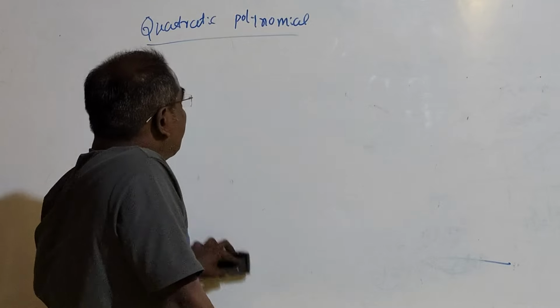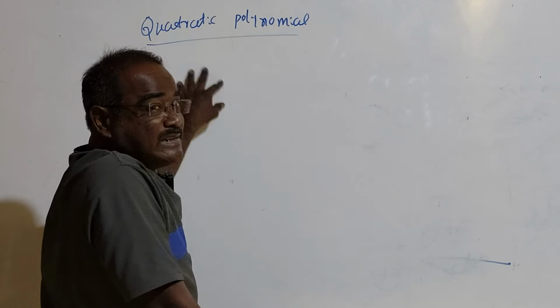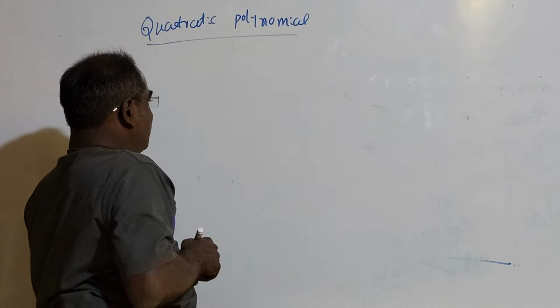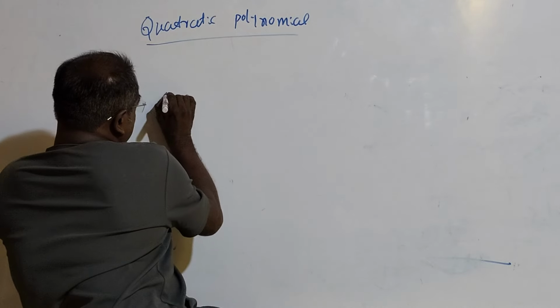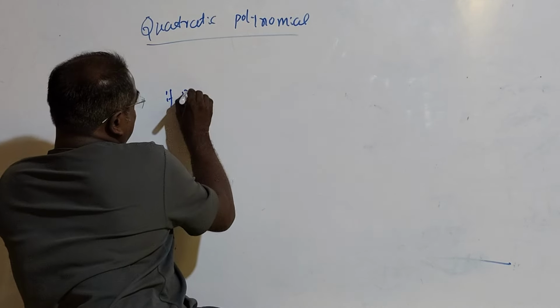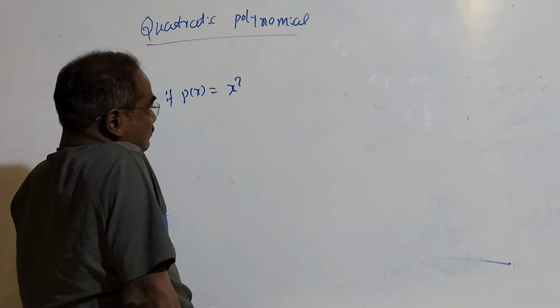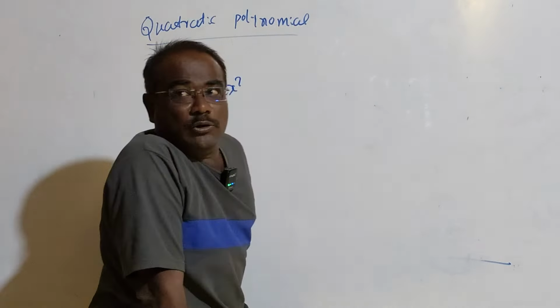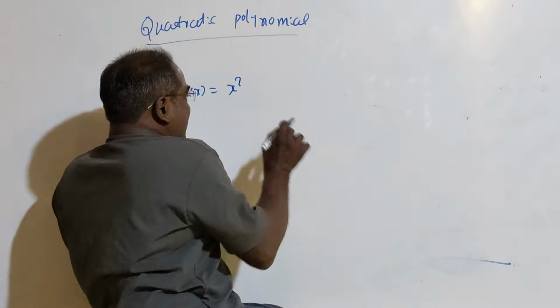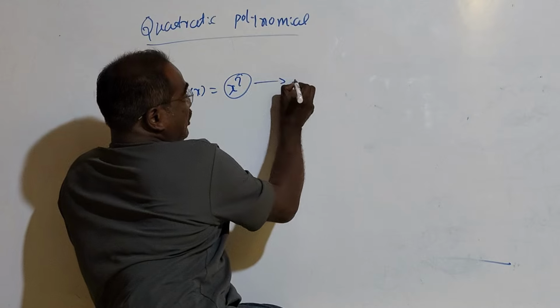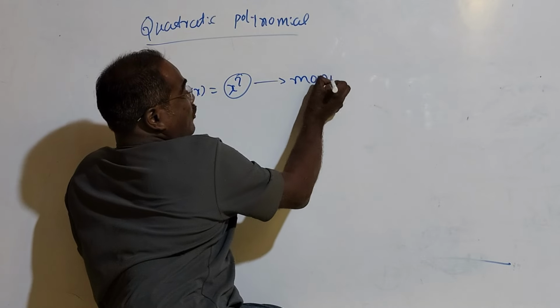Next is classification of polynomials based on terms. Let me take p of x equal to x square. How many terms are there? Only one term. So it is called a monomial.